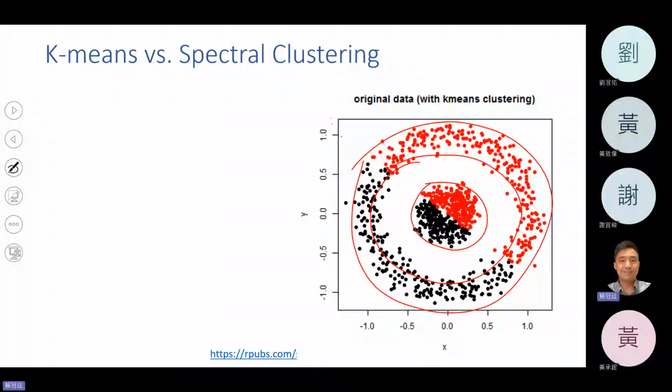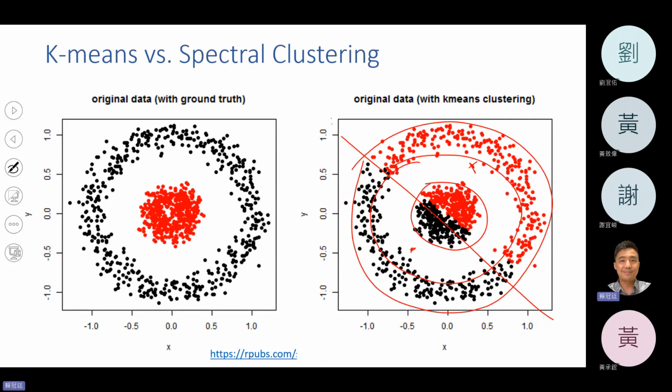K-means will split the data set because you will find the mean here, right? However, with spectral clustering, you can consider the distance between samples and then separate correctly, like this one.